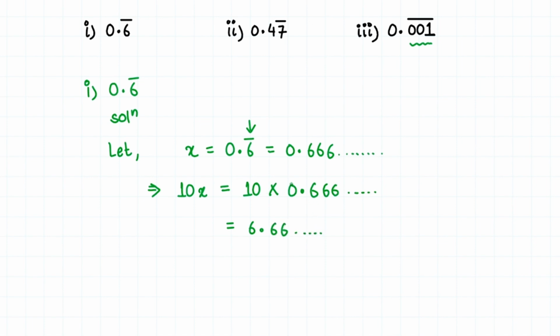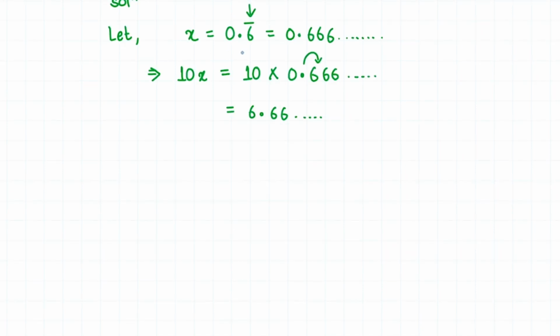What happens when you multiply a decimal number by 10 is that the point moves one step to the right. If there were 2 zeros, it would move 2 steps. In our case, we only have one 0, so our point moves only one step, and our answer becomes 6.66666.